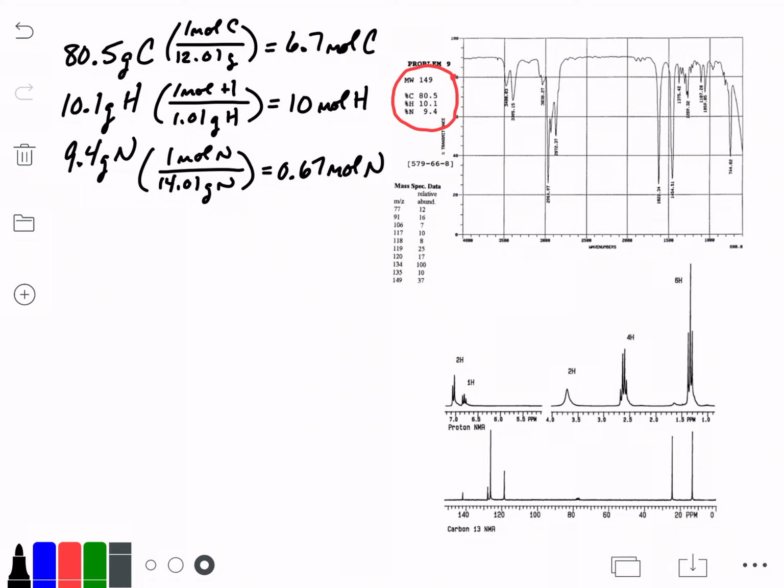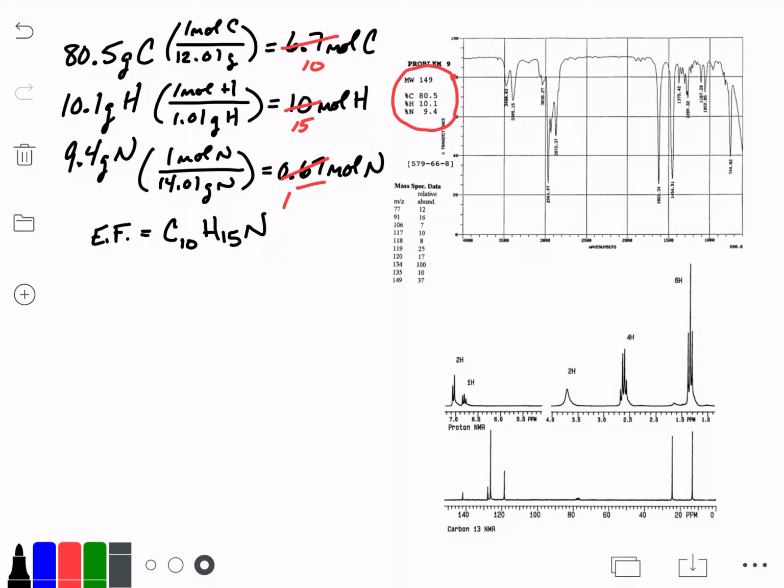So 6.7 here, we get 10 here, and we get about 0.67 here. And then elemental analysis, empirical formula determination would say we divide each one of these by the smallest of the answers, the 0.67, to normalize. And what we're going to end up getting when we do that is we'll get something like 10 for carbon, something pretty close to 15, and something like 1.